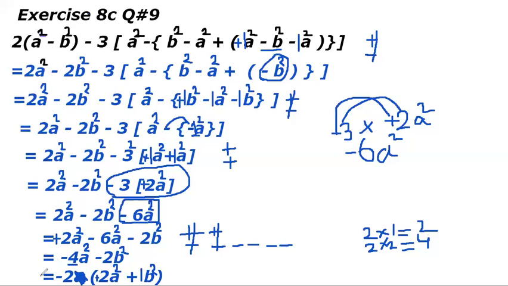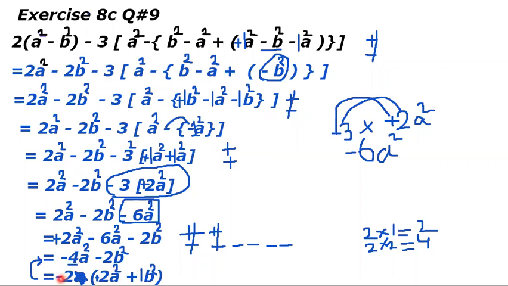Now this last step is equal to the second last step. If you will see, look, this parenthesis means multiplication. If you multiply sign with sign, negative into positive gives us negative sign. 2 into 2 gives us 4a square. Okay, this 4a square.